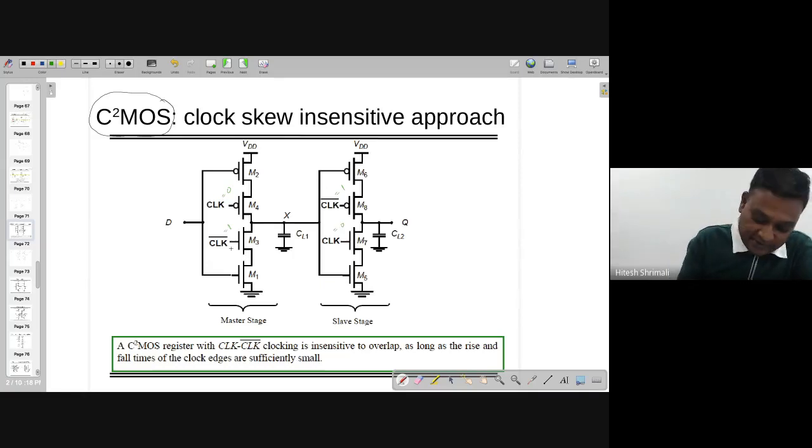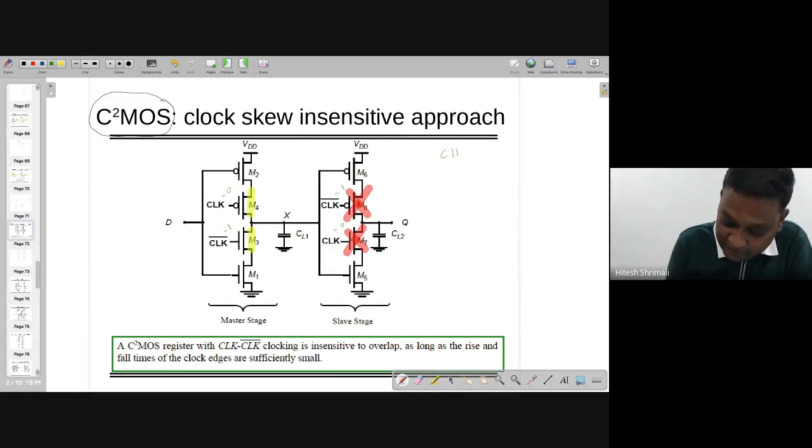Now, by this, you can understand that because of this 1, this transistor is on. And because of clock 0, this is also going to be on, right? And at the time, these two transistors are off. So it doesn't matter what is available.